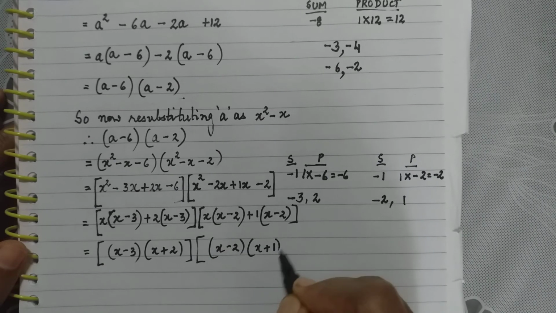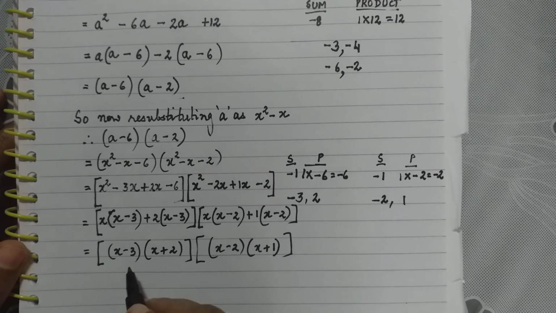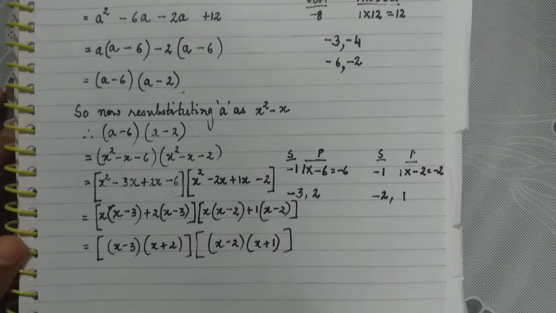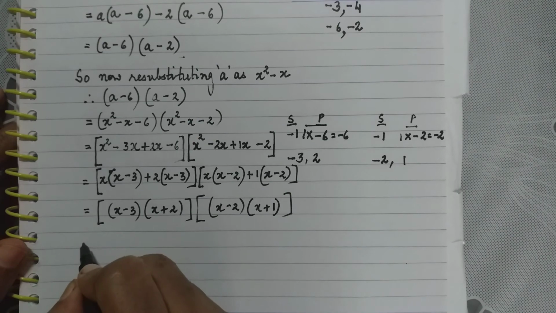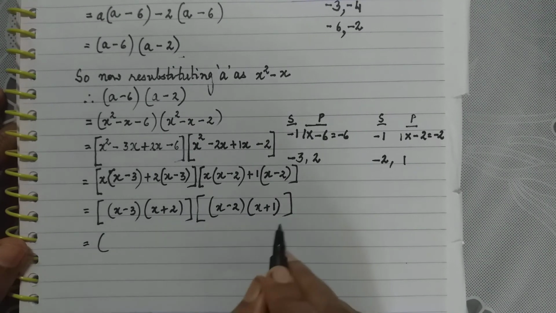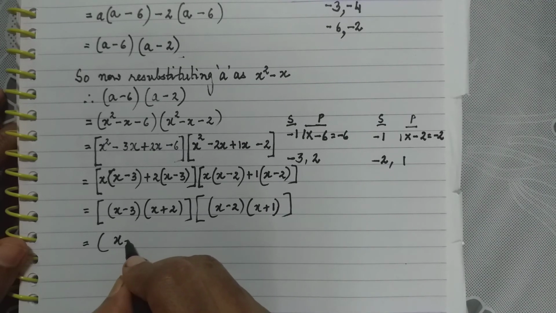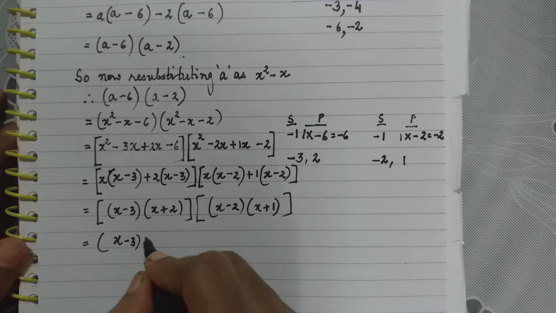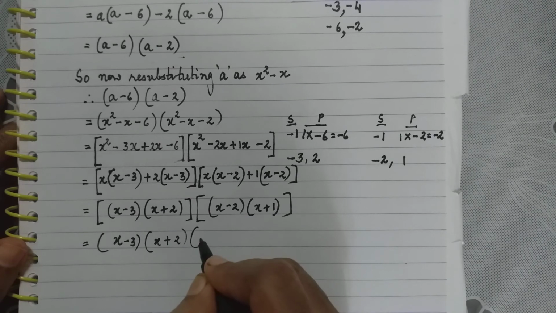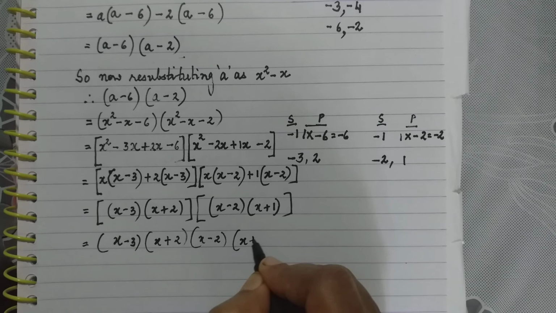What is outside the bracket? X plus 1. So we are seeing that all these are multiplying with each other. If they are in brackets, they mean they are multiplying with each other. So I can now write the final answer without the square brackets. I get x minus 3, then x plus 2, then x minus 2, then x plus 1.